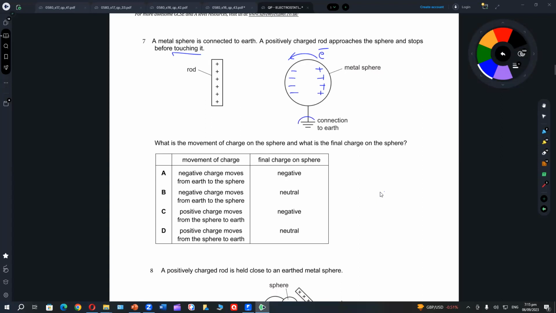He has connected it with the earth. When you do the earthing, what will happen? The negative will not move because the negative charge is being attracted by the rod. But the positive charge will invite electrons and gradually this side will be neutralized.